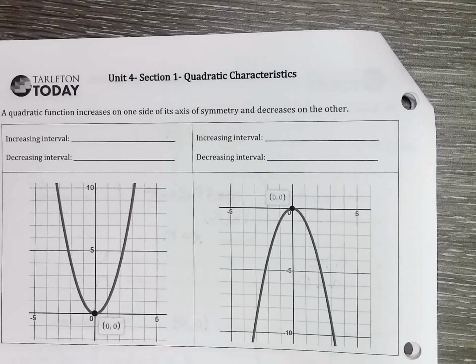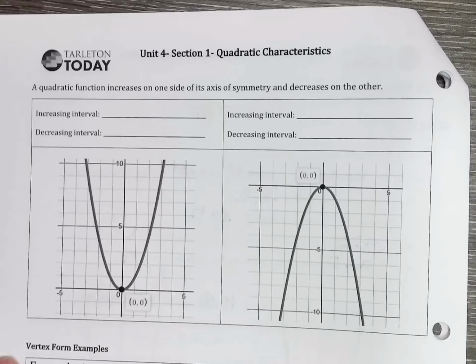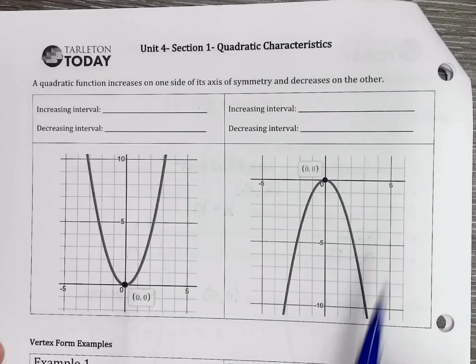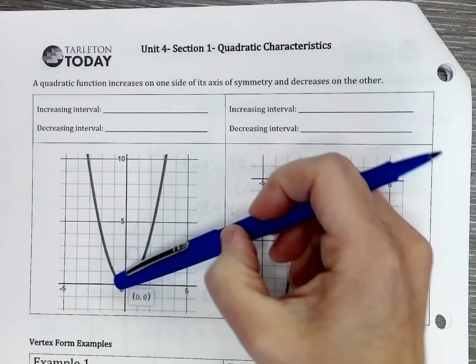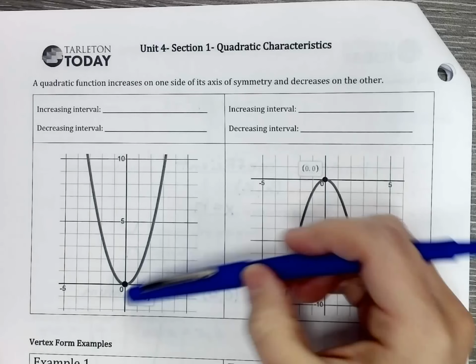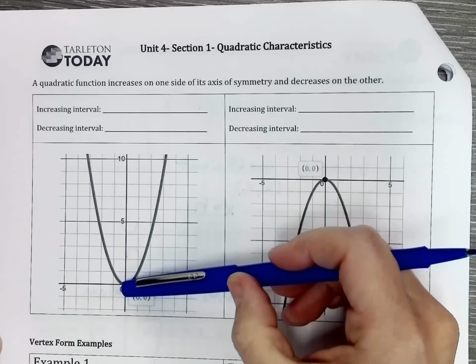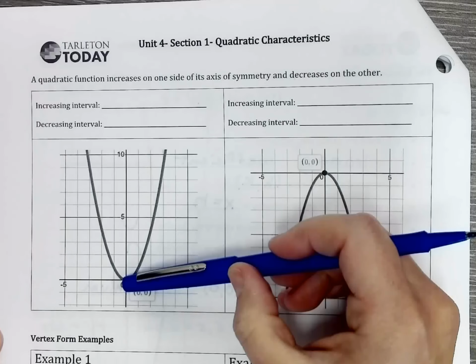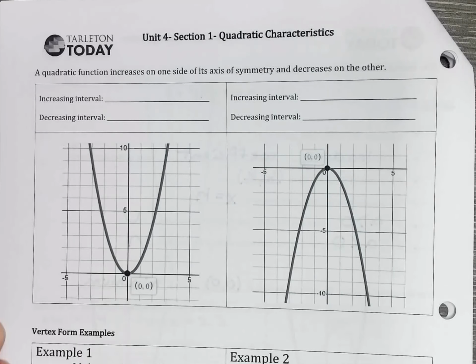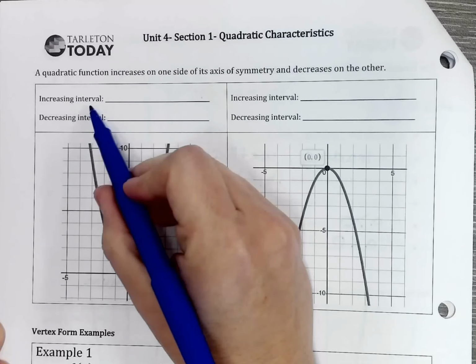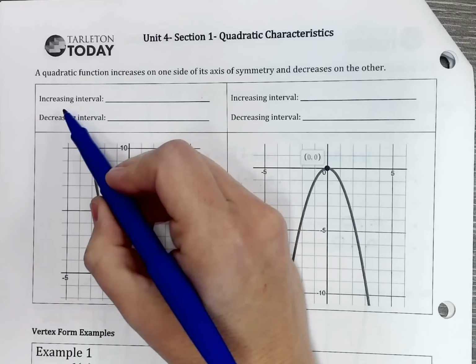Now, a quadratic function increases on one side of its axis of symmetry and decreases on the other side. So in this case, it goes down, down, down, decreasing, right? And then right at the vertex, on the axis of symmetry, it switches direction and goes right back up. Now we need to answer the interval where the parabola is increasing.